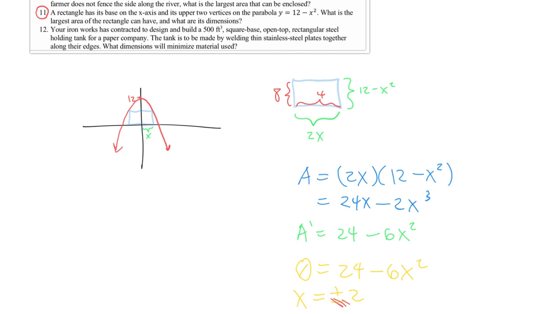Well, that would be 8 times 4, which is 32 units squared. And also the dimensions are 4 by 8. So that is how you do number 11.